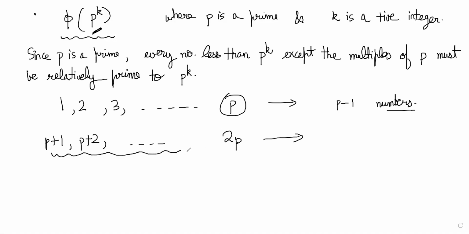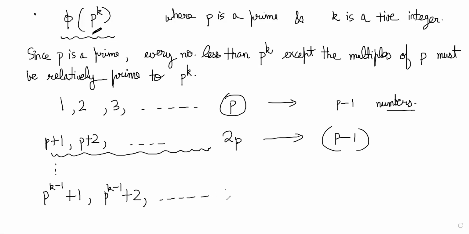These are also p minus 1. So like this, you can continue, and from p power k minus 1 plus 1 till p power k minus 1 into p, which is p power k, you get another p minus 1 numbers.